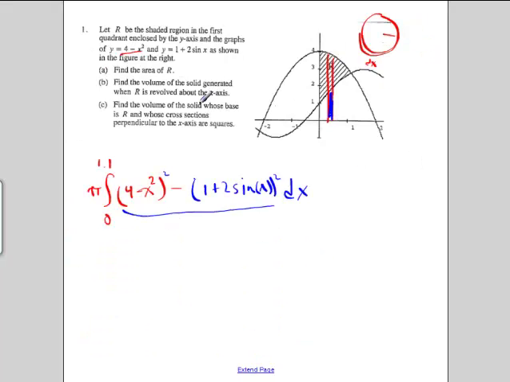And then the last one: what's the volume of the solid whose base is r and whose cross-section is perpendicular to the x-axis?